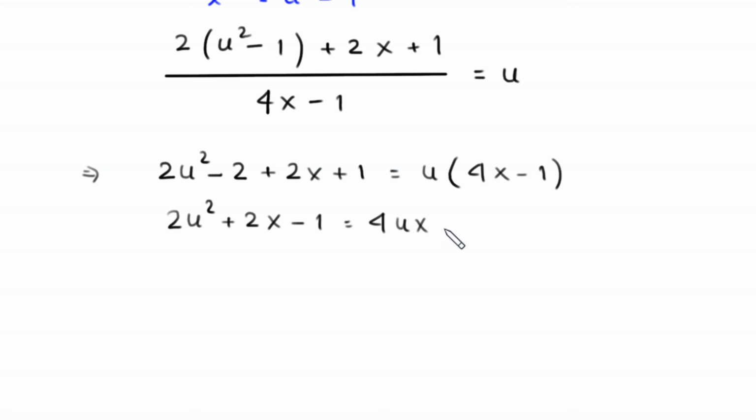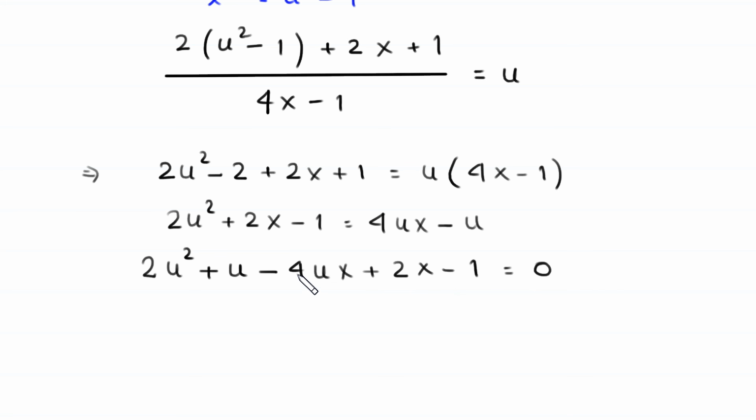Moving these two terms to the left-hand side, we get 2u² + u − 4ux + 2x − 1 = 0.